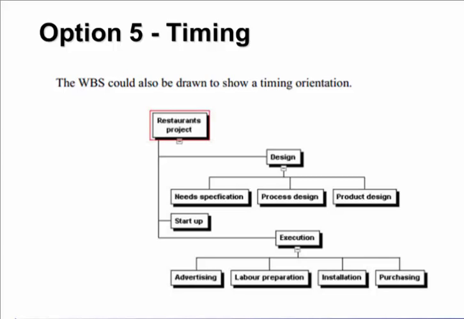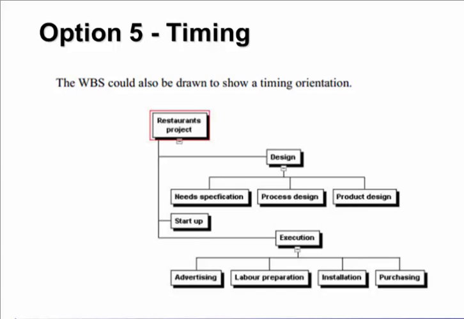So again, if the timing aspect is the most important aspect and the project manager is very comfortable at doing this, that's what it will run. So the flexibility is there, but there are different aspects.